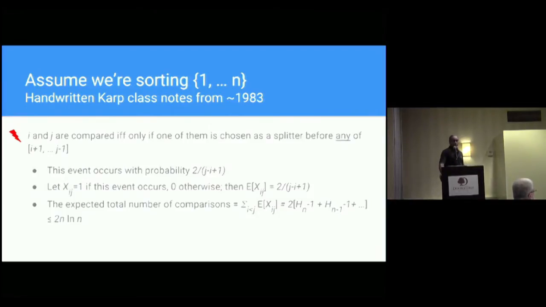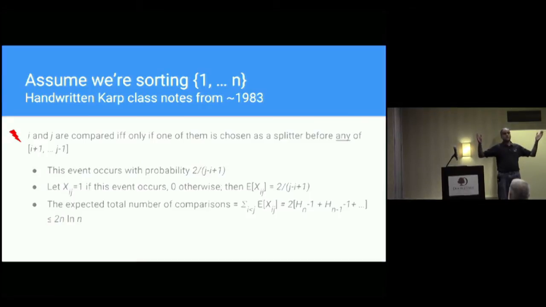Okay. All right, so here's the central observation. Let's assume, for simplicity, and it's not a big oversimplification, that we are sorting the integers 1 through n. And so let's look at the event that i is compared to j. And that's all we're going to focus on here. So a couple of observations.